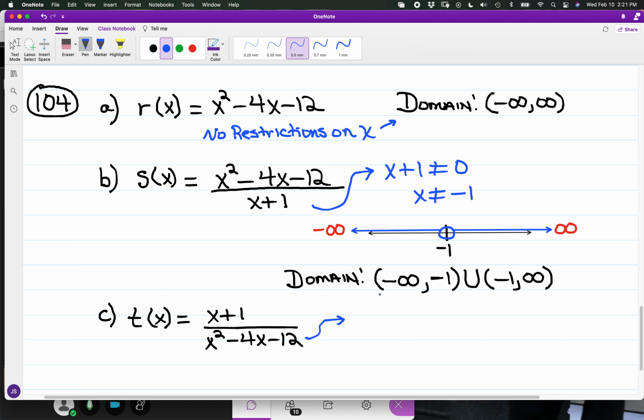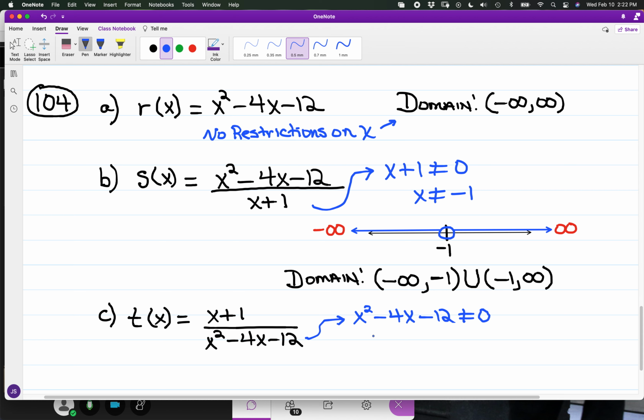Now x squared minus 4x minus 12 is at the bottom of a fraction. Before, it could be equal to 0 in r of x, and it could be equal to 0 in s of x. But because we have this layered at the bottom of a fraction, it can no longer be equal to 0.